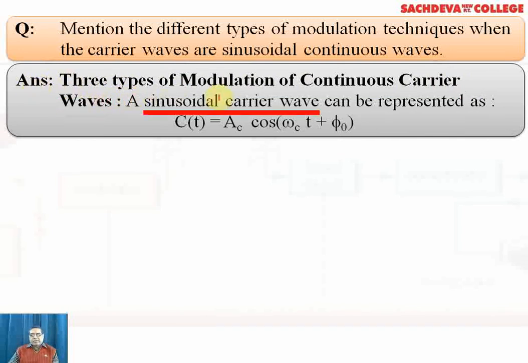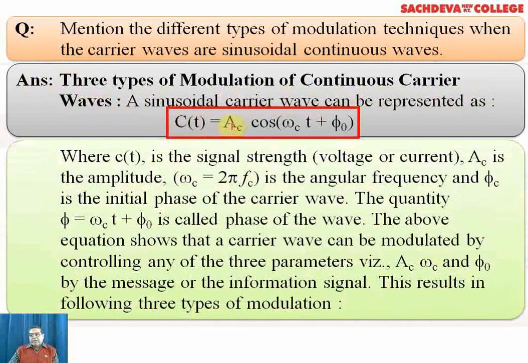First, a sinusoidal carrier wave can be represented by a general equation, that is c(t) = Ac cos(ωc t + φ0). φ0 is the initial phase, and initial phase means initial position and direction of the wave, and ωc is the angular frequency of the carrier wave. t is the instant of time when the wave is located.